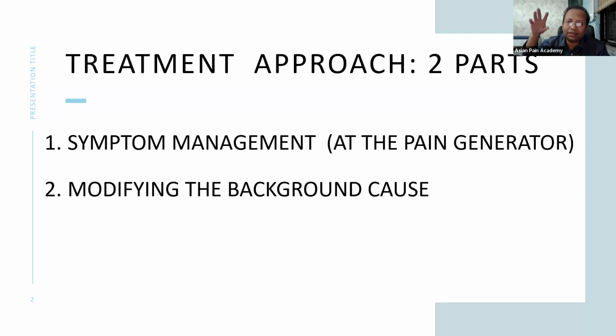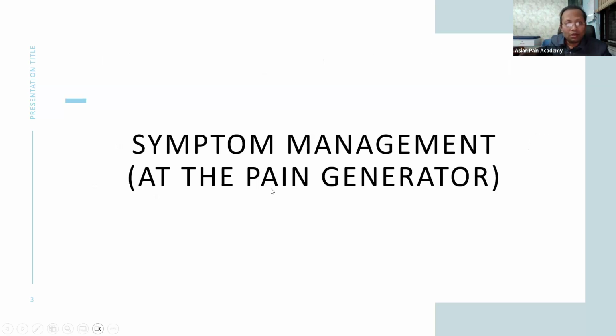So the reason behind the structure being the pain generator is what we will call searching for the background cause. So always when you diagnose a patient of pain, you will think that there are two parts. One is that our treatment is directed to the pain generator, and the other part of treatment is directed to the background cause.